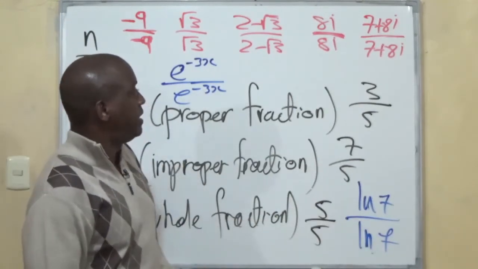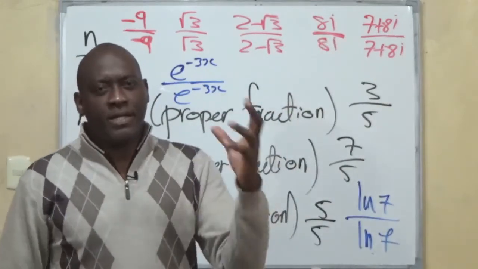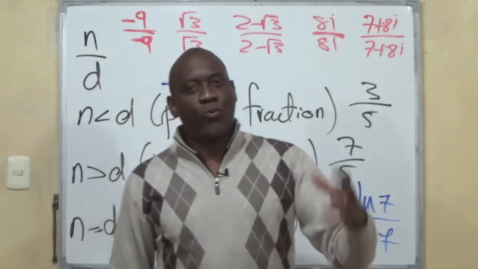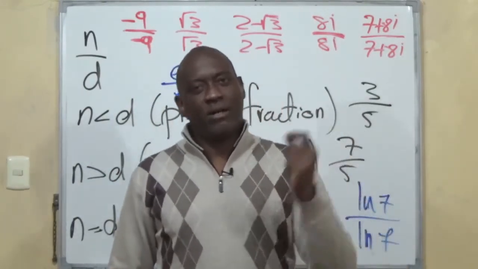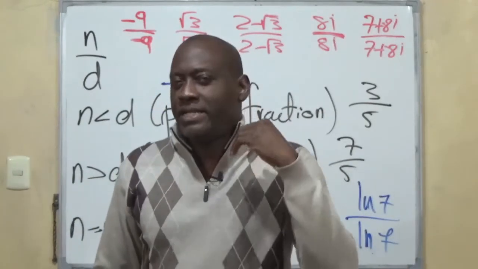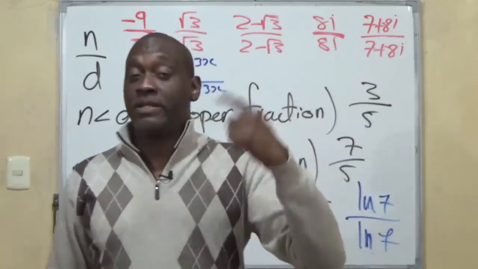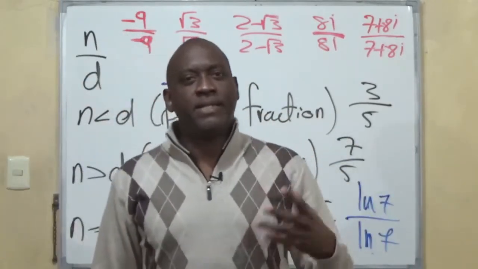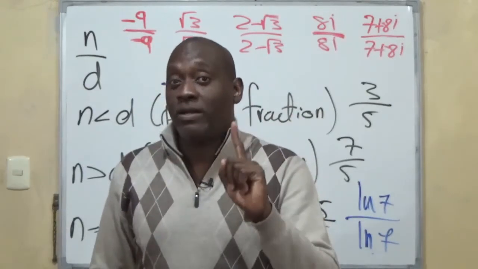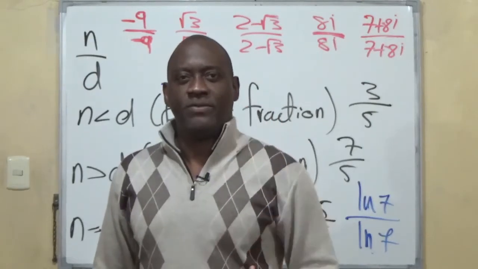Now, of course, if you're not familiar with some of these things, don't make it a problem. The whole point of this conversation is that whatever level of mathematics that you're operating at, the knowledge of and the ability to express the number 1 as a fraction is a useful technique.